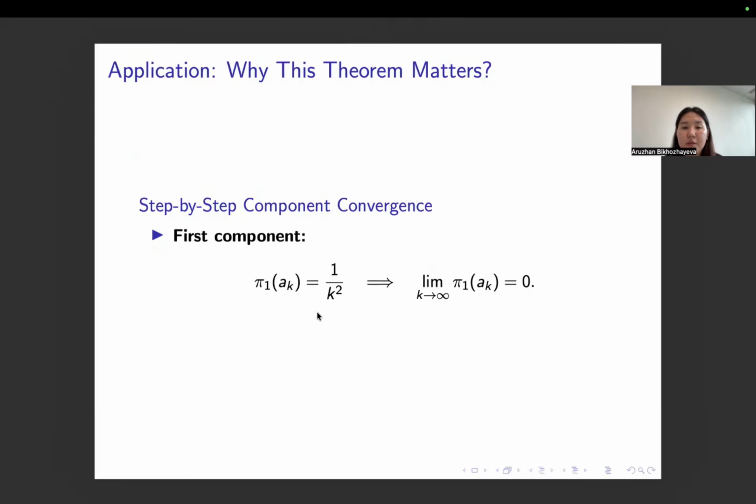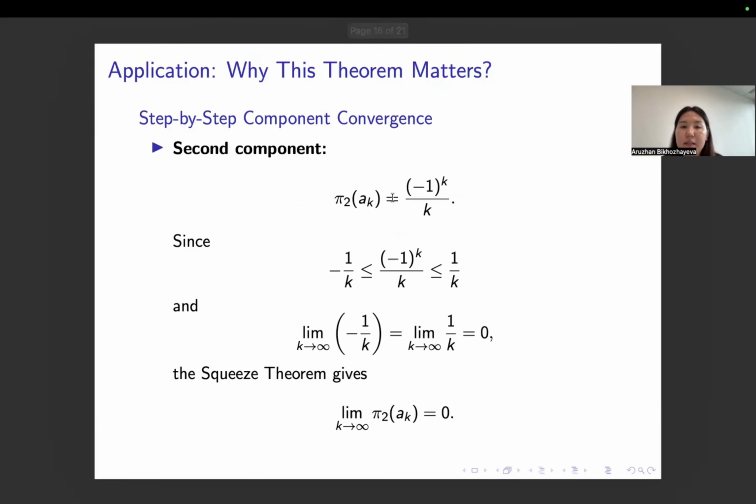The first coordinate is 1 over k squared. Since the denominator grows without bound, this expression approaches 0, and therefore the first coordinate converges to 0. The second coordinate is (-1)^k over k. Here the sign keeps alternating, however, the absolute value is always at most 1 over k.